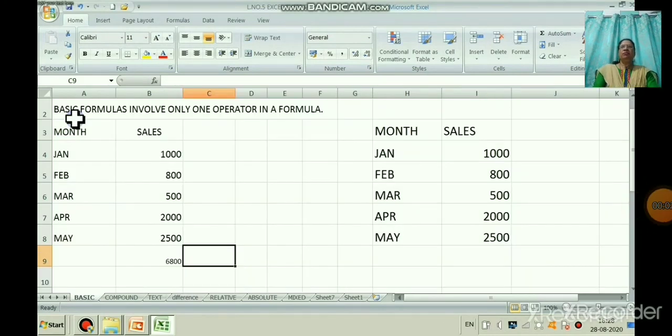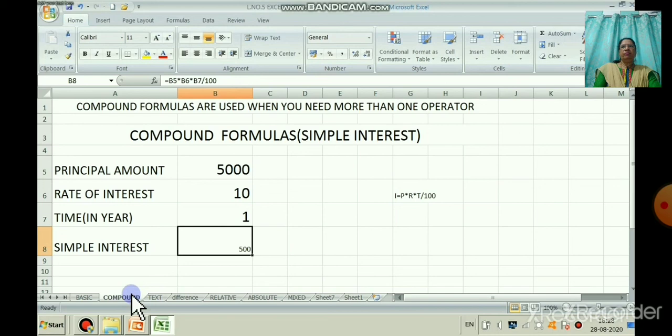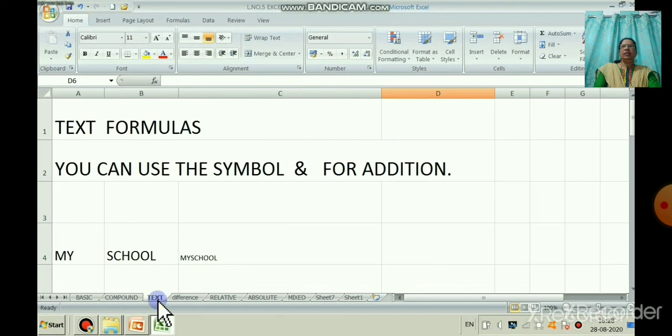Yes children, in this session we have learned what formulas are. Formulas are used to perform calculations involving addition, subtraction, division and multiplication. They establish the relation between two or more cells. We learned basic formulas, where a basic formula involves only one operator, and compound formulas, which are used when you need more than one operator.